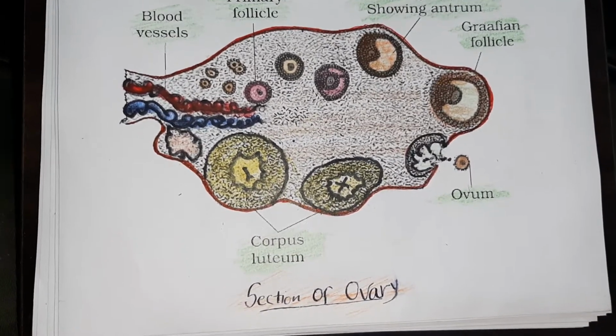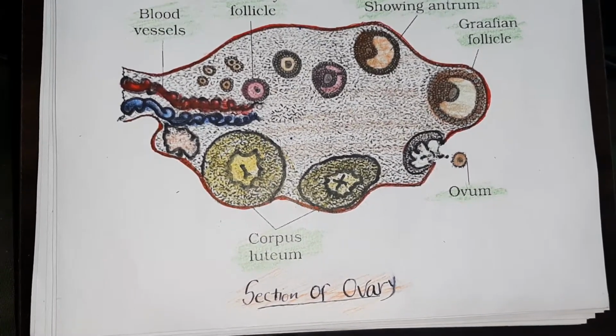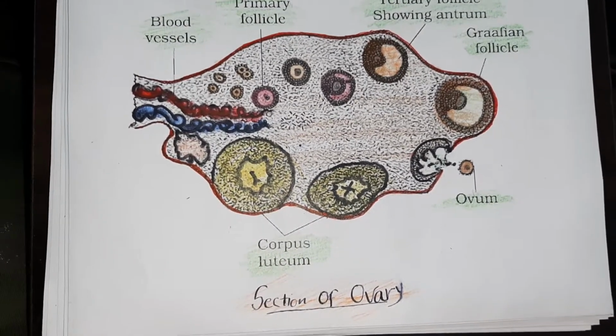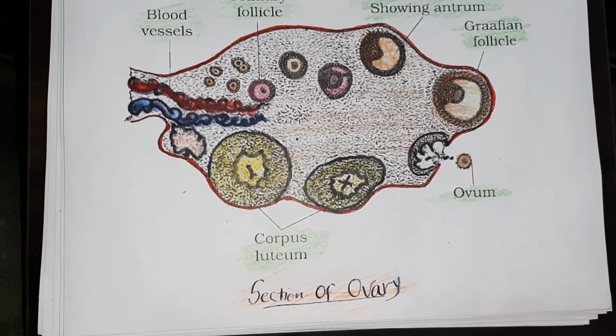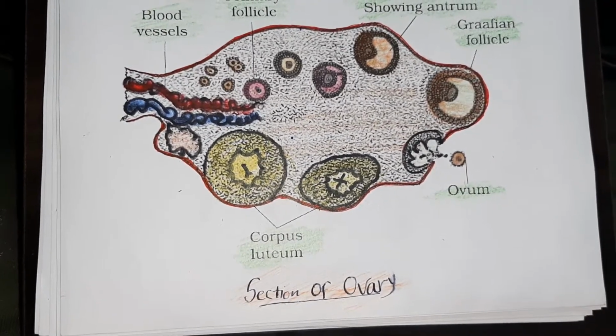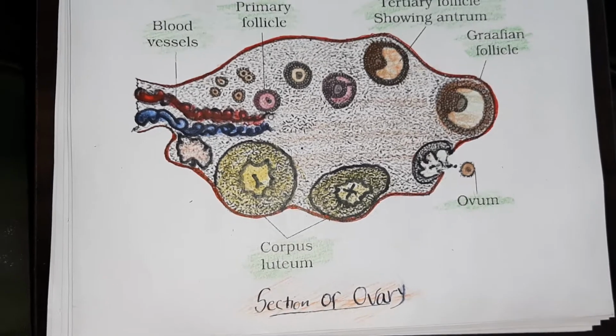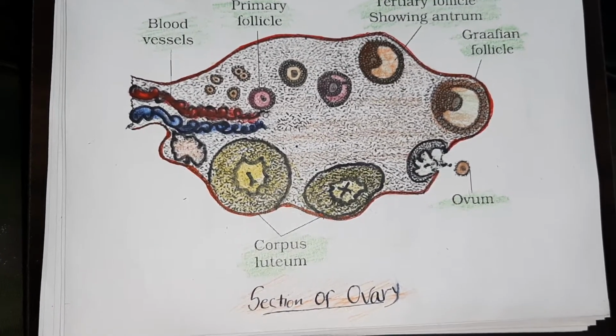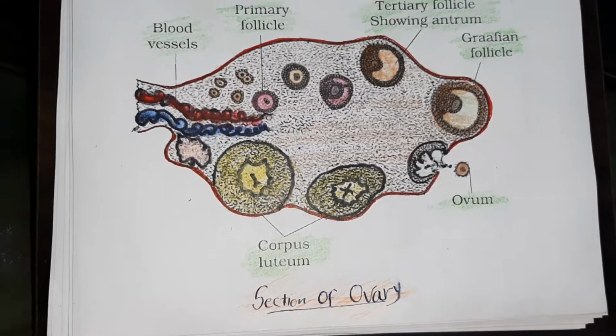So thousands of primary follicles are produced before birth, and inside them the primary oocytes get locked in a particular stage which we call diplotene of prophase 1, and those primary oocytes remain inactive even after birth till puberty.